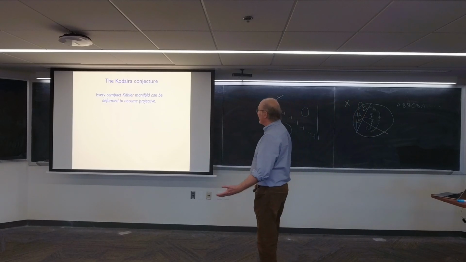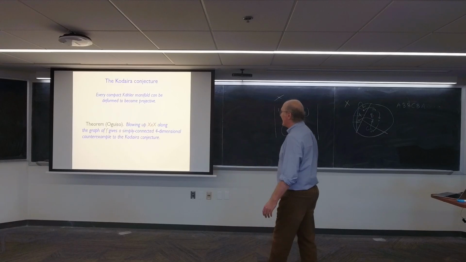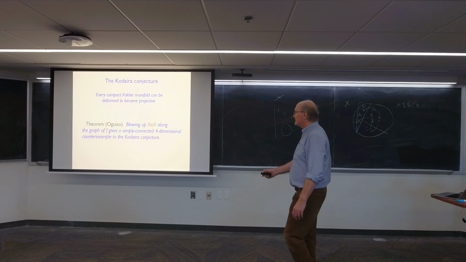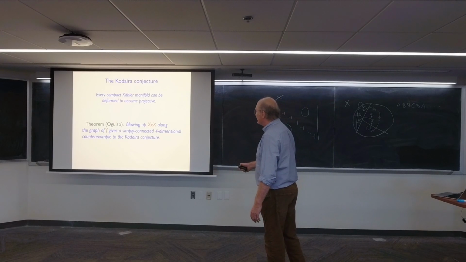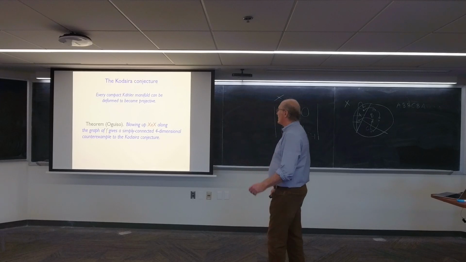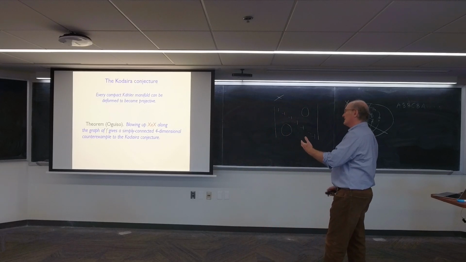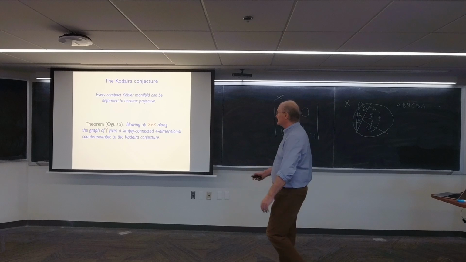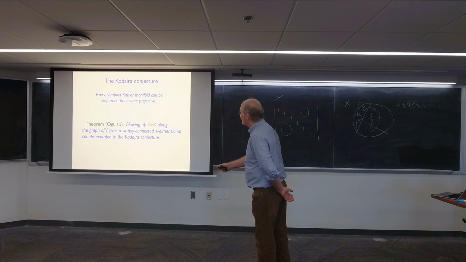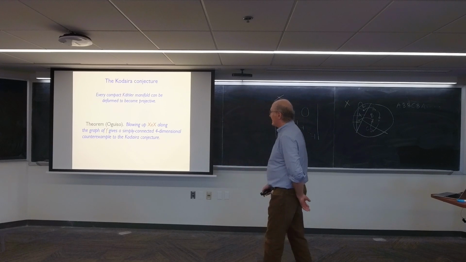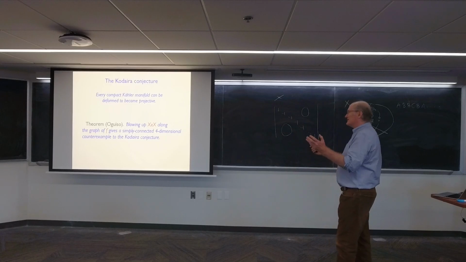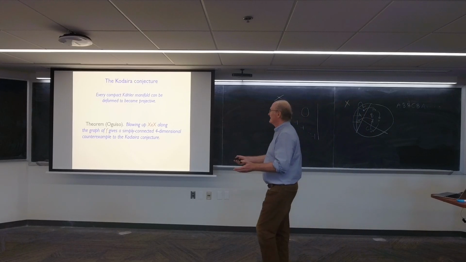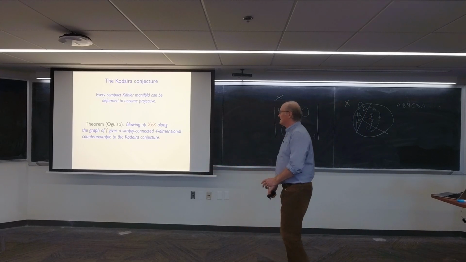And Voisin and Ogiso have provided counterexamples to this conjecture. In particular, Ogiso showed that if we take this bizarre 4-dimensional example, this bizarre surface with the Siegel disk, take the graph of the automorphism, think of that as lying in the product, and blow it up, then we get a simply connected 4-dimensional manifold, and it's a counterexample to this conjecture of Kodaira.